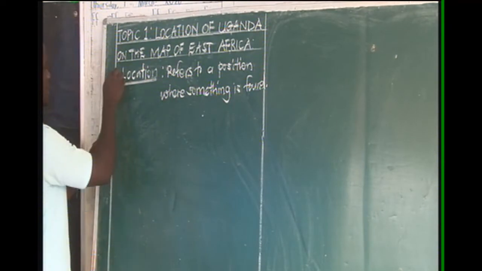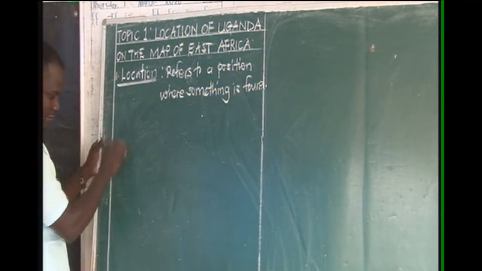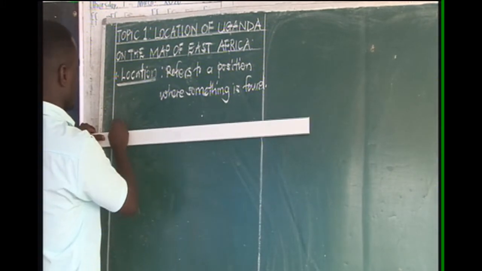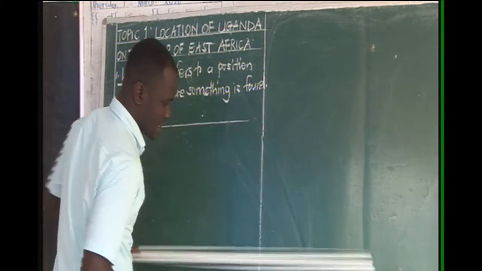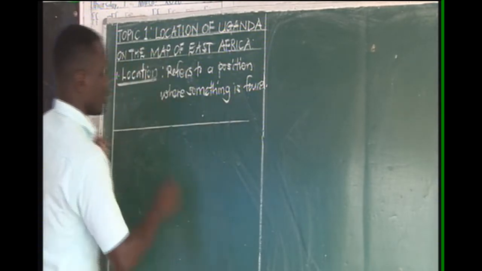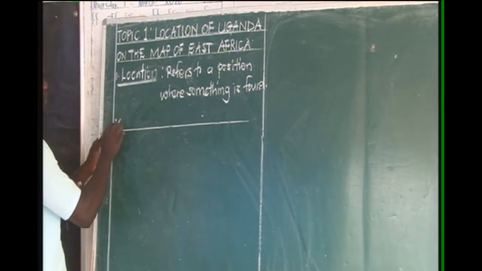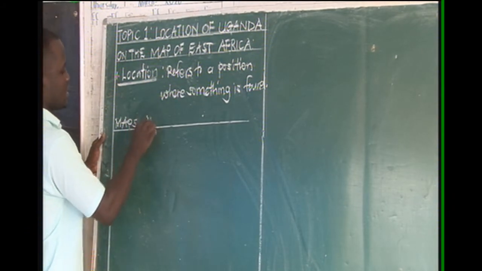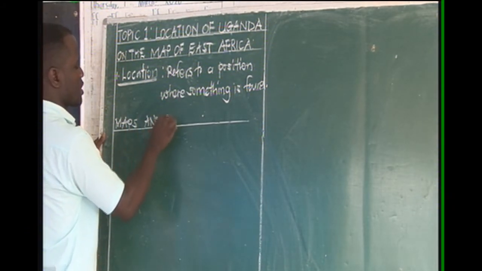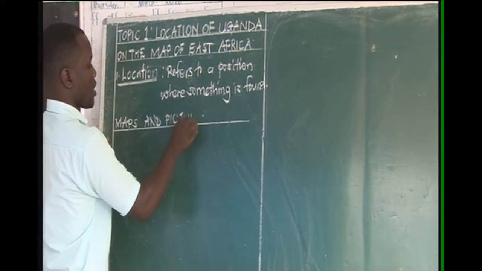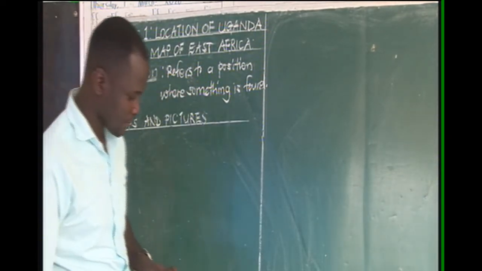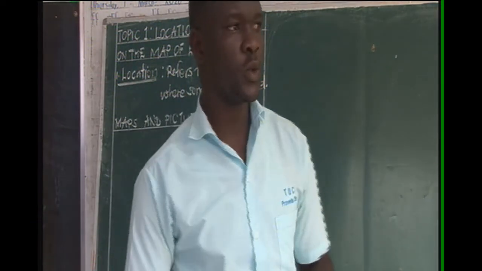Now, before we come to that, let's have a subheading. Because we are locating Uganda, we are going to look at maps and pictures. Now we are going to define the two.